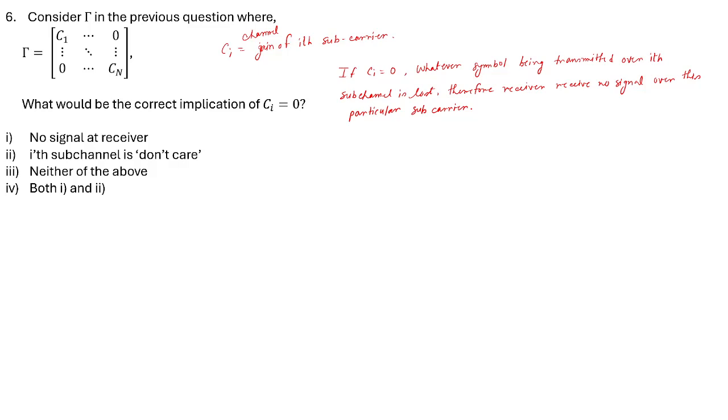Water filling uses an optimal value: whichever channel gain is above that value, it assigns power to them, and whichever subcarrier's channel gain is below that optimal value, it assigns zero power to it.